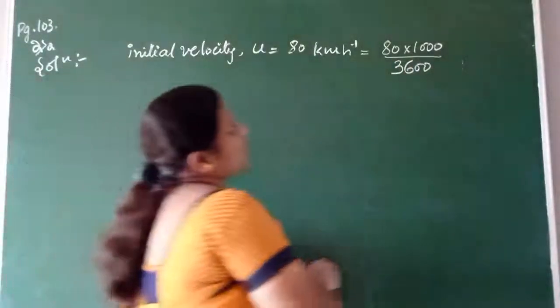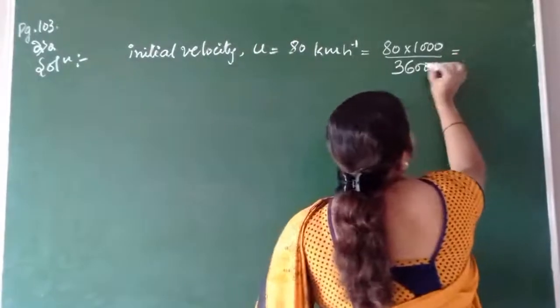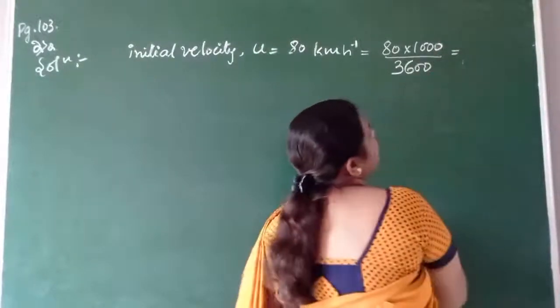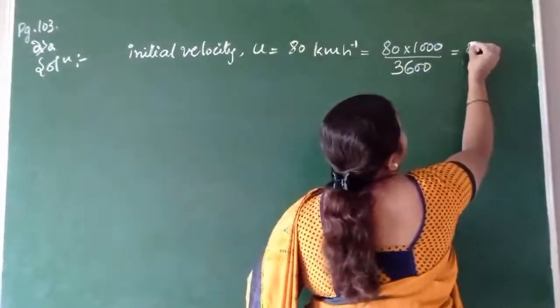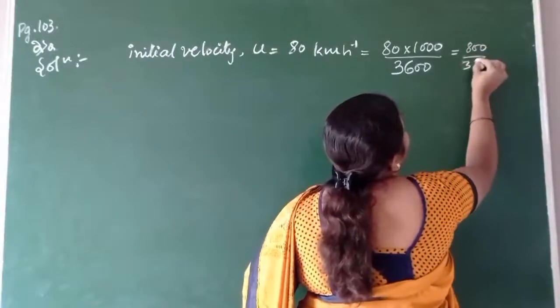So what will we get, children, here? These two zeros get cancelled. 800 divided by 36.